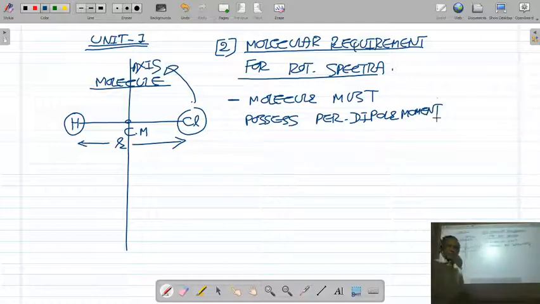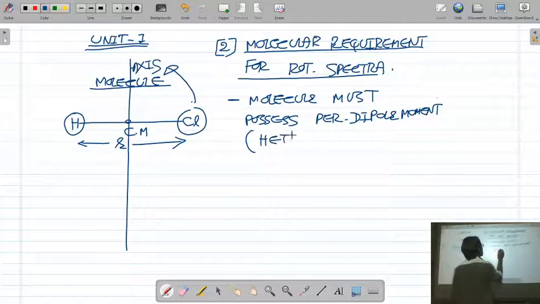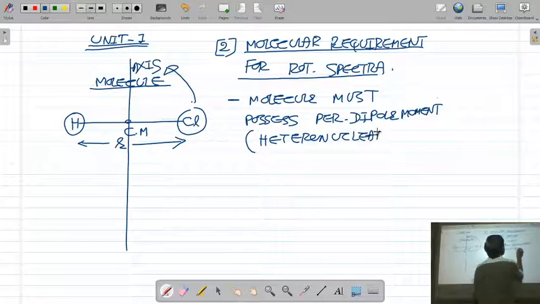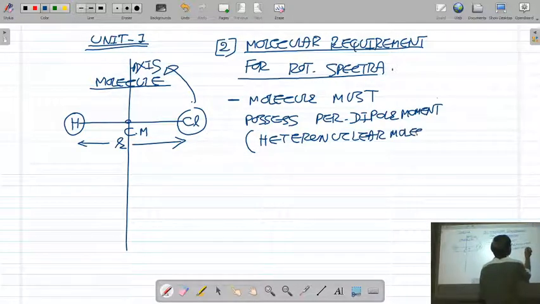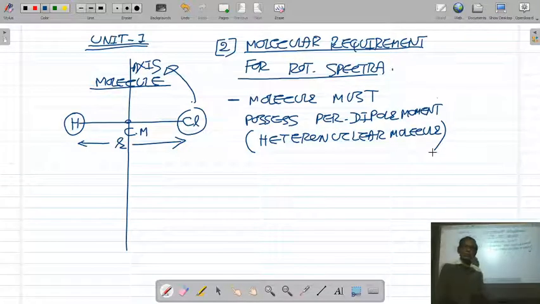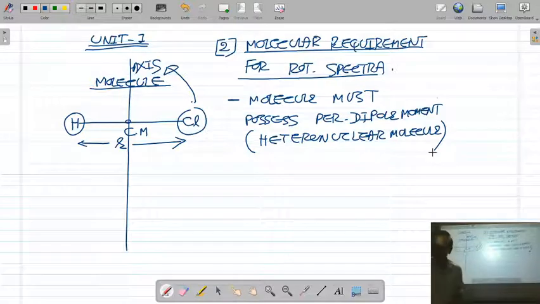This is the basic and fundamental requirement for a pure rotational spectrum. Only heteronuclear molecules will be able to give the rotational spectra because they possess the dipole moment. Homonuclear molecules do not give the rotational spectra because they don't have the permanent dipole moment.